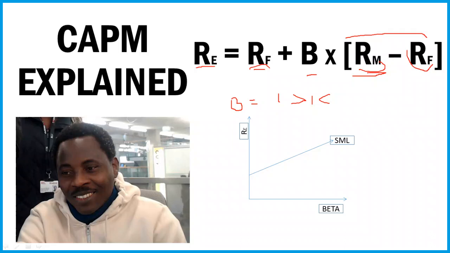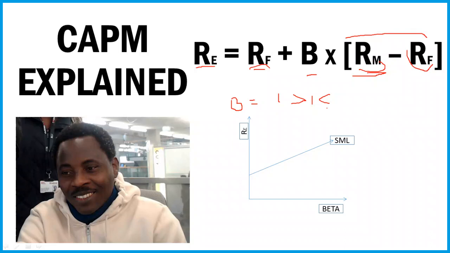But if you have a beta for an organization you are looking at that is lower than one, it simply means that the stock is defensive, which by interpretation and implication means that if you buy into such a stock, if there is a bull trend, the stock may not peak equally as other stocks are peaking.